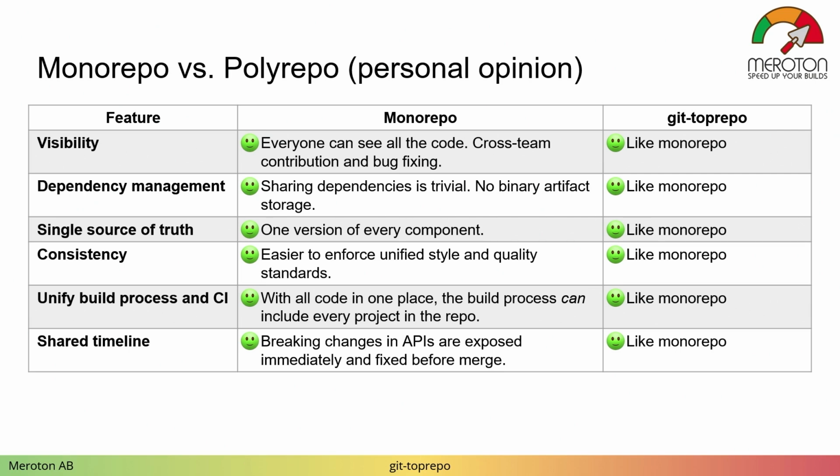And you have a shared timeline, so breaking changes in APIs are exposed immediately, so you actually fix them. I'm just renaming this function, and I can fix it all over the code base because this name is much better. I can make such trivial changes that improve the code much more easily.